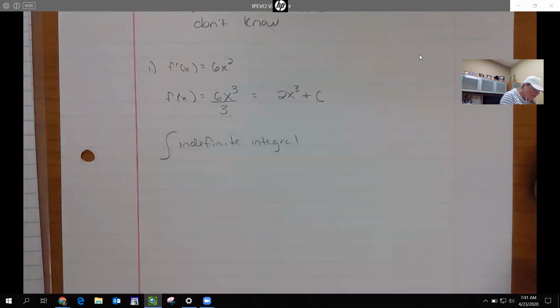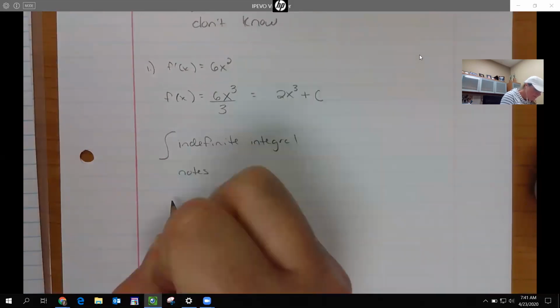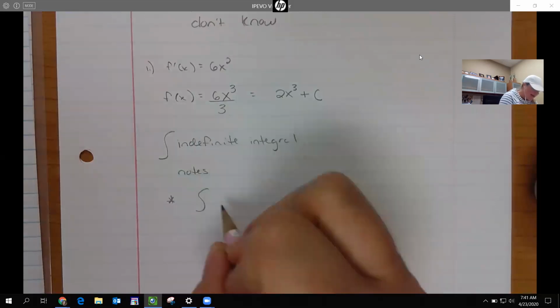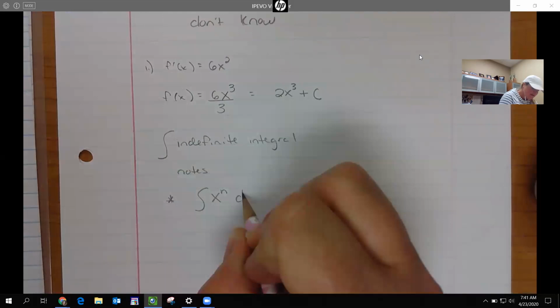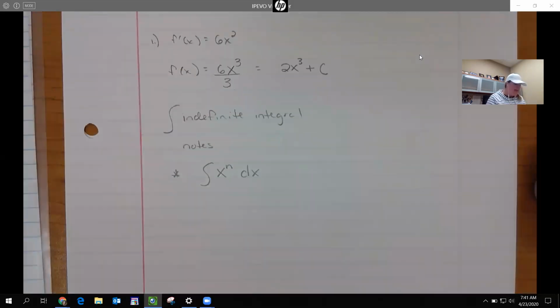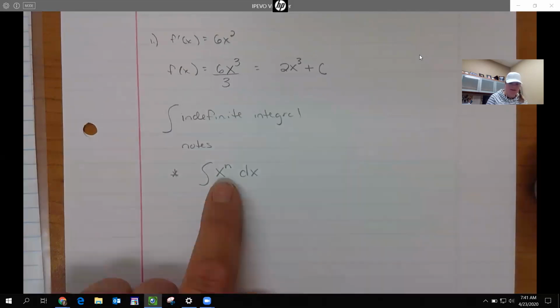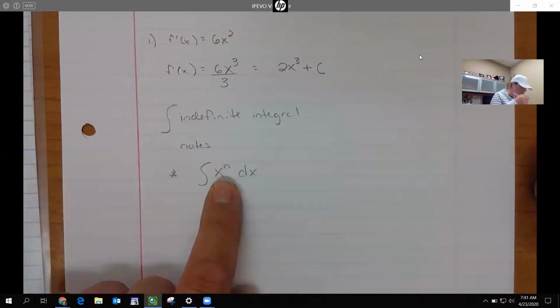So if we wrote down some notes, the first idea is if I have this integral of x to the n dx, this is what I would see, okay? And what that is saying is this is the derivative, and I need to undo the derivative and make it the original function.